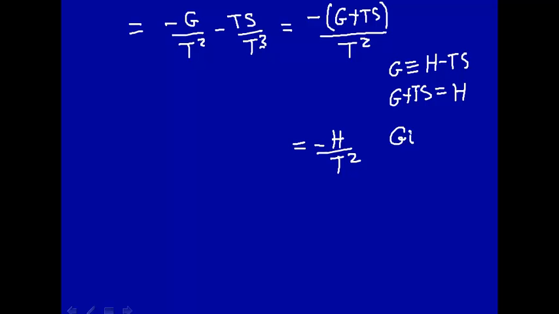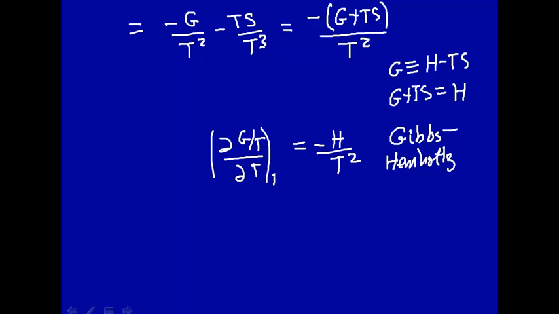This is called the Gibbs-Helmholtz relation. Again, what we're looking at is how G over T changes with temperature at constant pressure and number of moles.